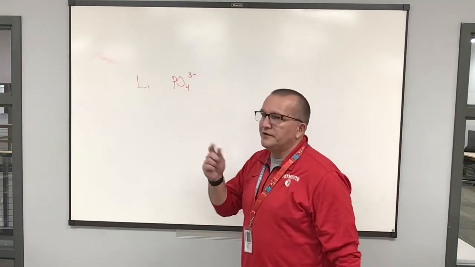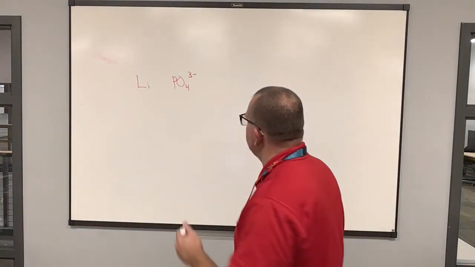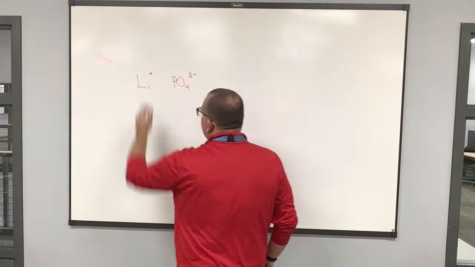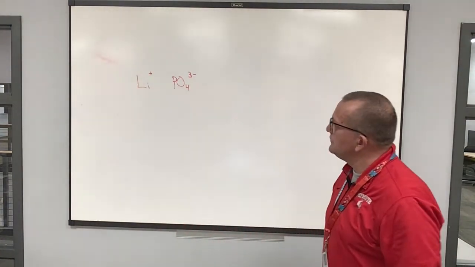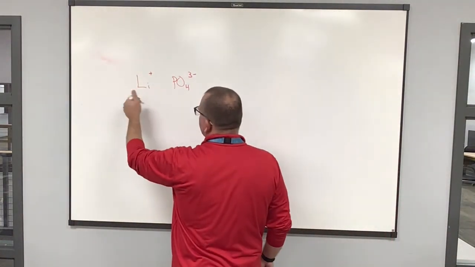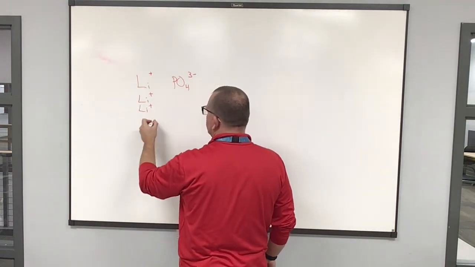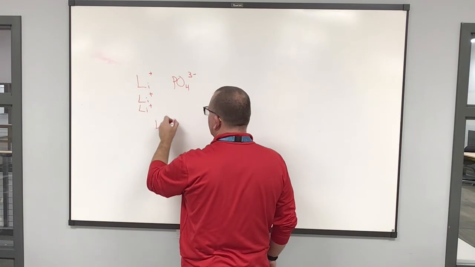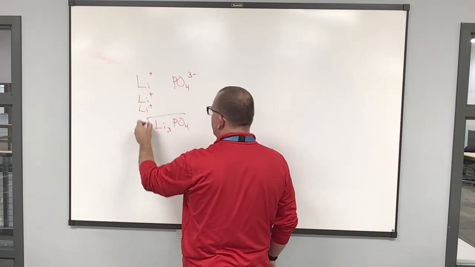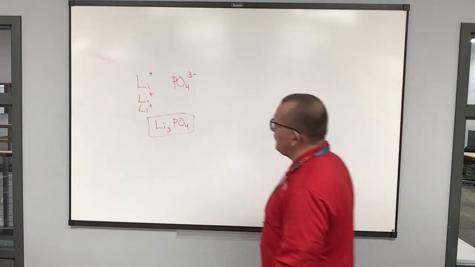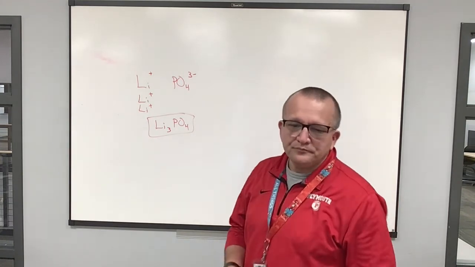Lithium's group 1, so it has a positive 1 charge. And now I just balance my charges. I have -3, +1, so I need 3 more positives, so it's Li3PO4. And that's the formula for lithium phosphate.